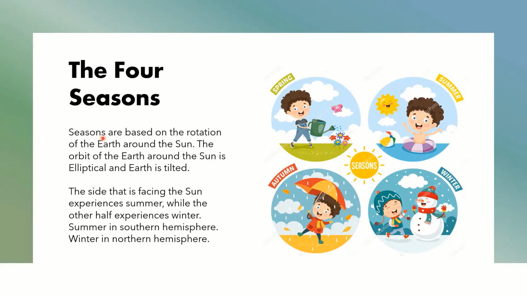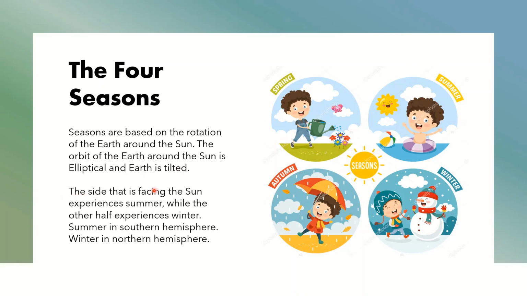Okay, from that we learned there are 4 seasons, and seasons are based on the revolution of the earth around the sun, and the orbit of the earth around the sun is elliptical, and the earth is tilted.